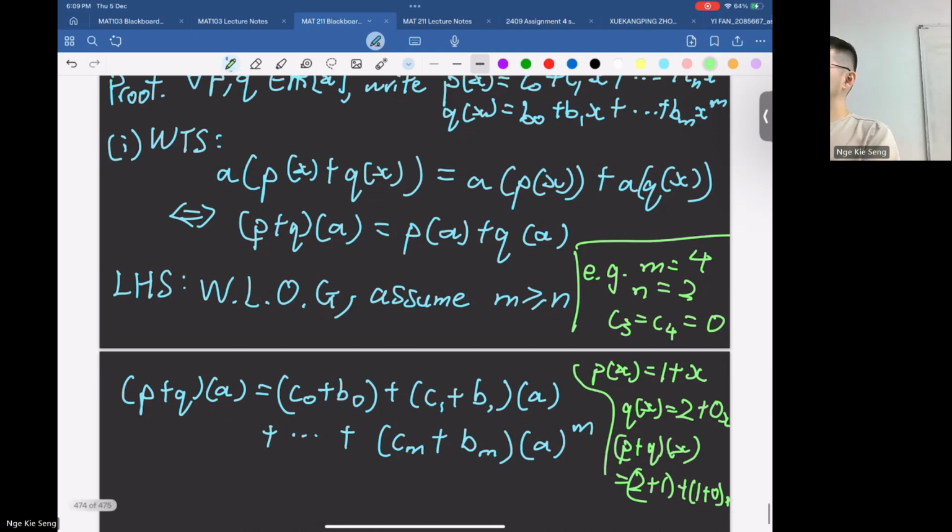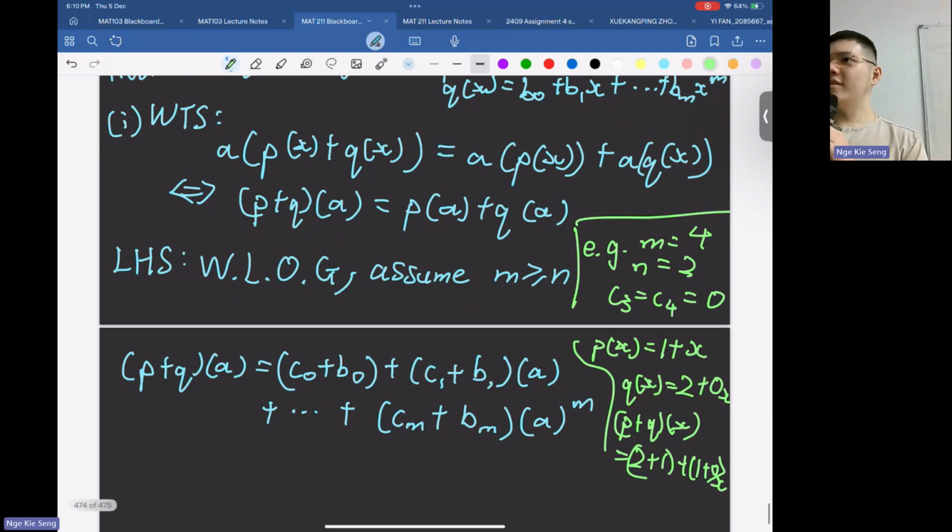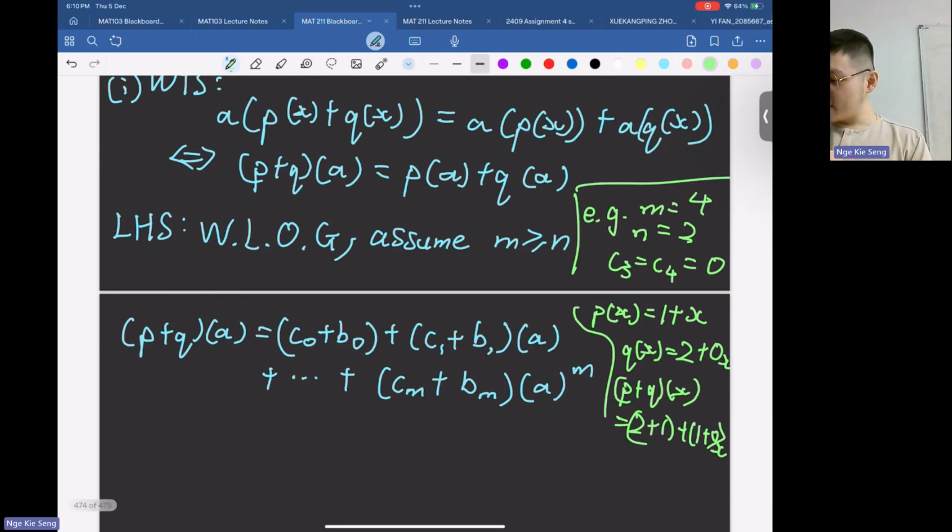I add an extra 0 so that they have the same degree to compare. Any other question? This is a very explicit example. If you cannot follow, you definitely have to ask, because there's nothing more to worry about.